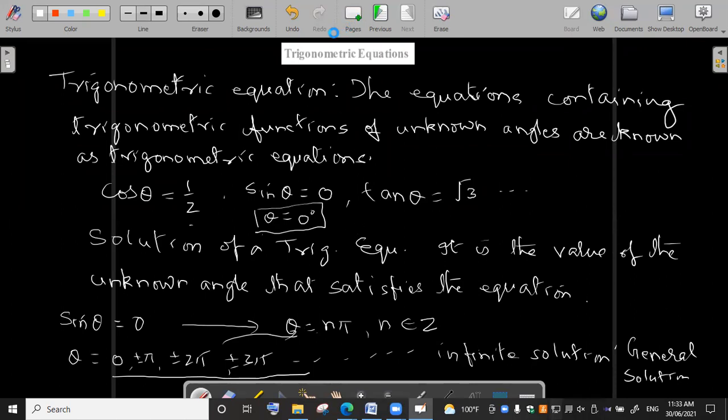Number two, you have to remember in two ways. Number one way, we have the solutions that you have to remember for sine theta is equal to 0, tan theta is equal to 0, cos theta is equal to 0, and cot theta is equal to 0. These are the formulas of general solution.